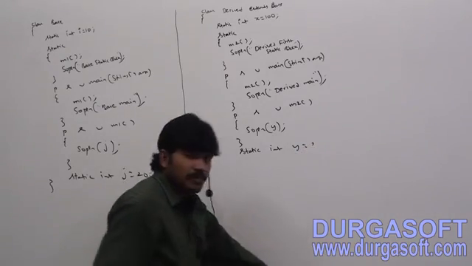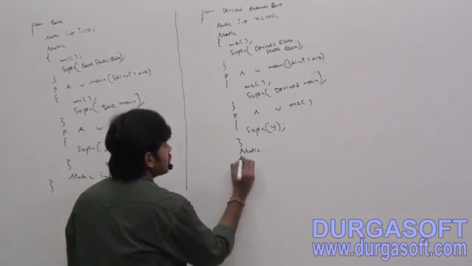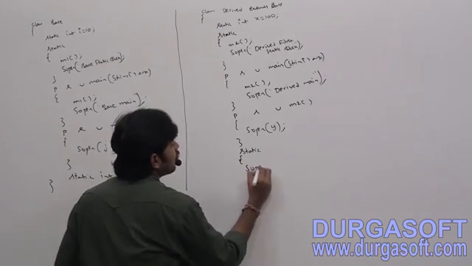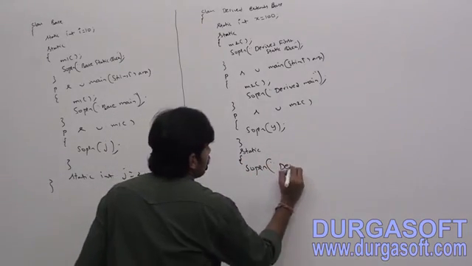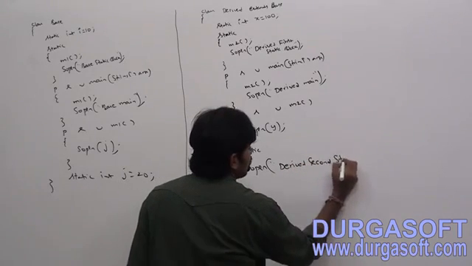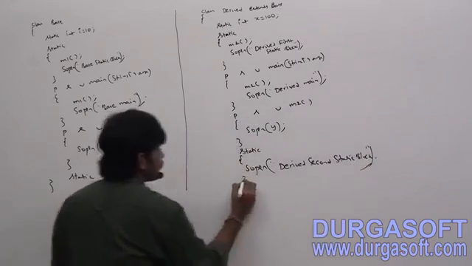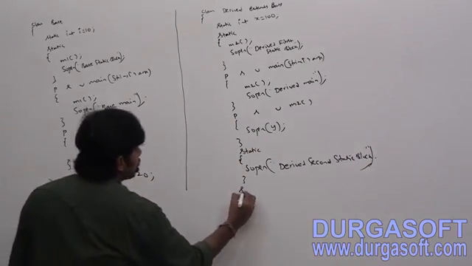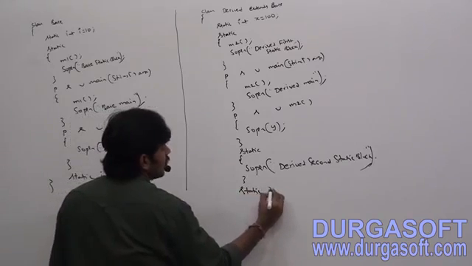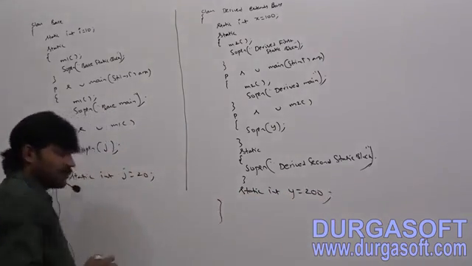One minute, let me write the second static block also, because for the derived class I want to maintain it. System.out.println "derived second static block". And then static int y is equal to 200, like this I wrote.